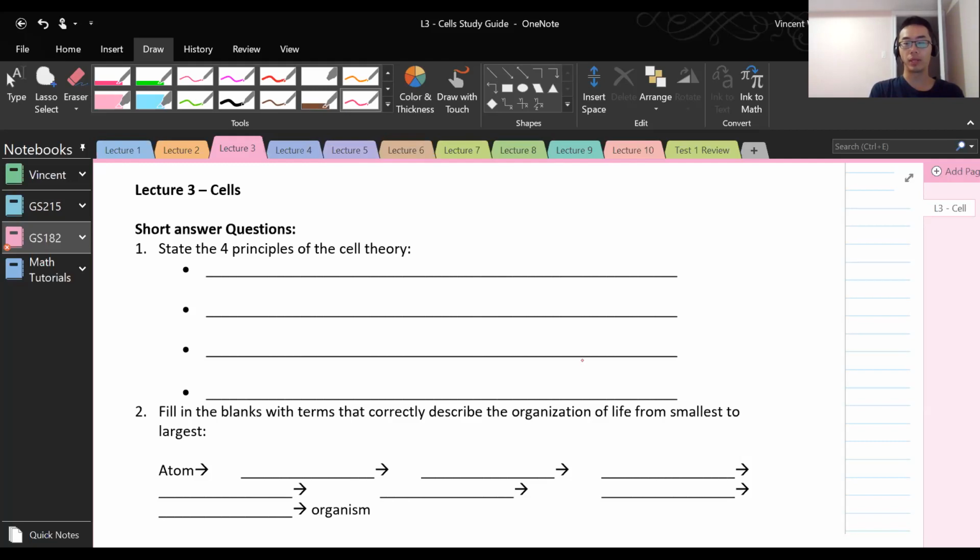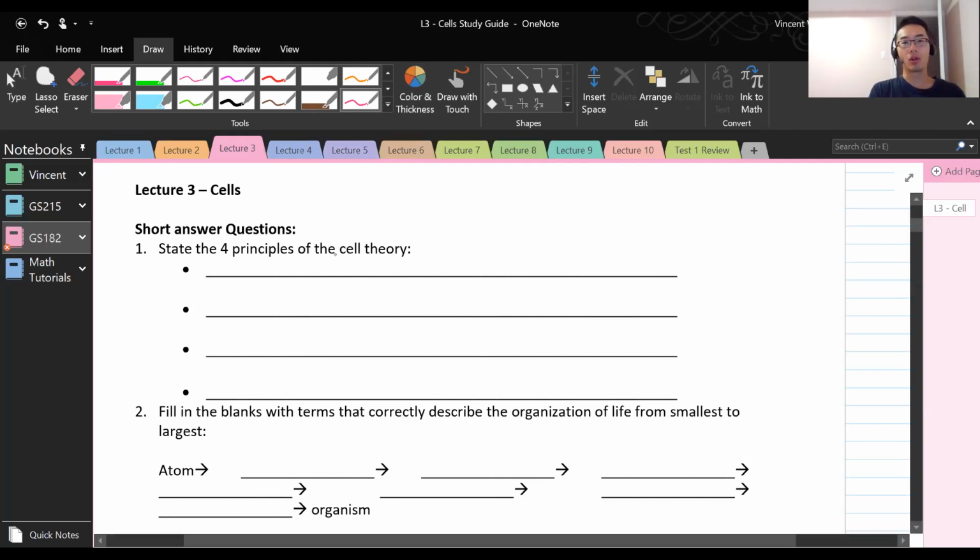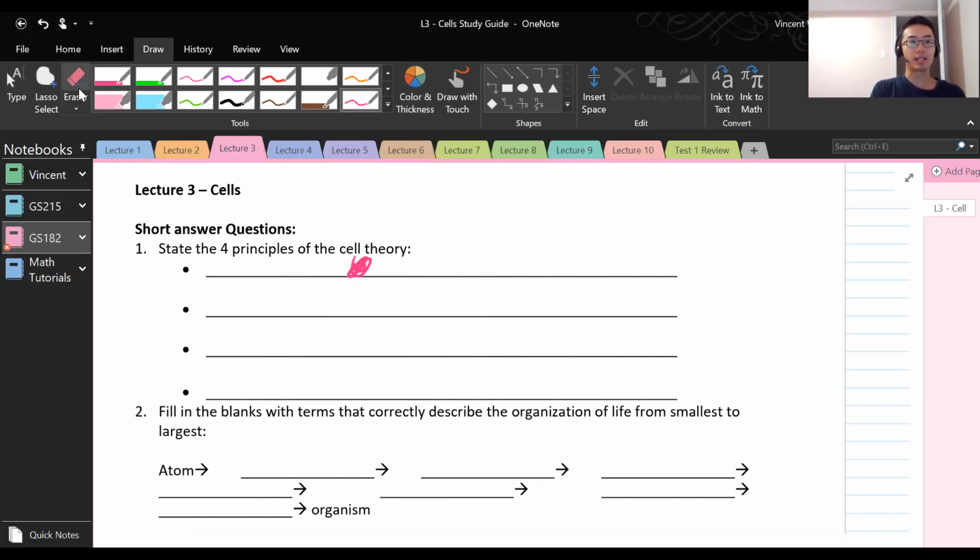Right now we can study bacteria and know that they are the causing agent of various illnesses. All that was possible in part because of the cell theory.